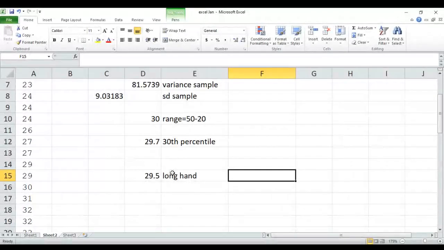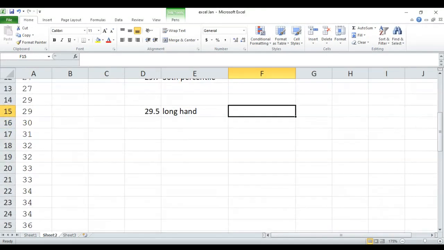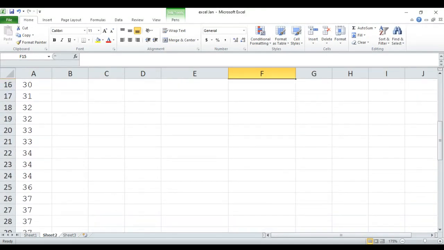Let me go back to Excel. Okay, so let's talk about quartiles though, and see how far we're off when we do quartiles. Our quartiles are 25% of the data. Quartile 1 is where 25% of the data is below that number or equal to that number.